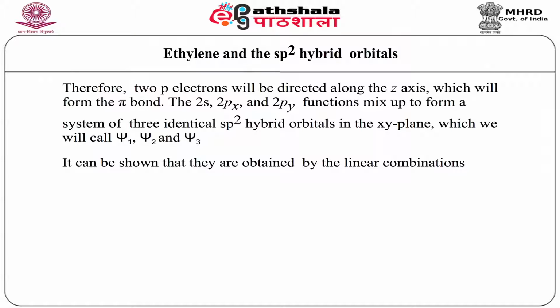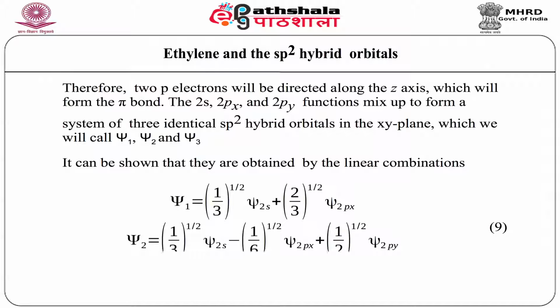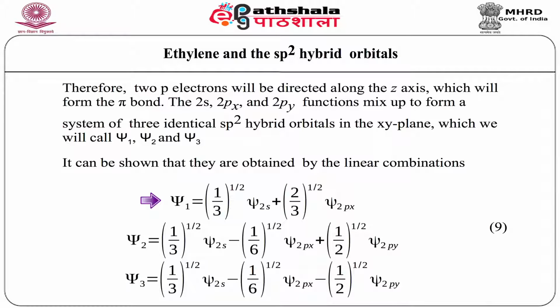It can be shown that they are obtained by the linear combinations Ψ1 equals square root of 1 by 3, Ψ2s, plus square root of 2 by 3, Ψ2px. Ψ2 equals square root of 1 by 3, Ψ2s, minus square root of 1 by 6, Ψ2px, plus square root of 1 by 2, Ψ2py.